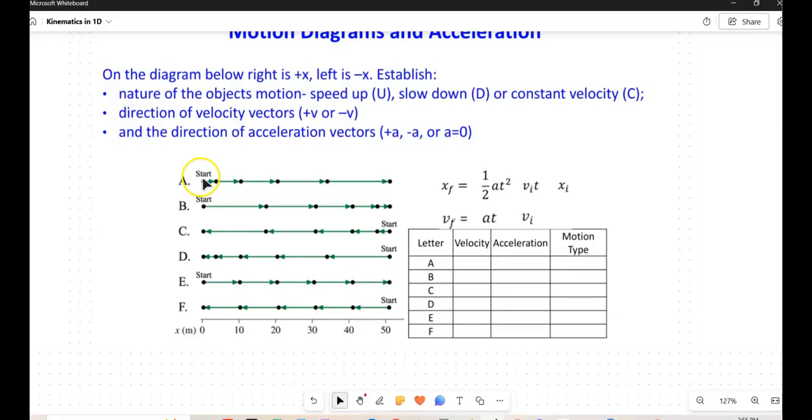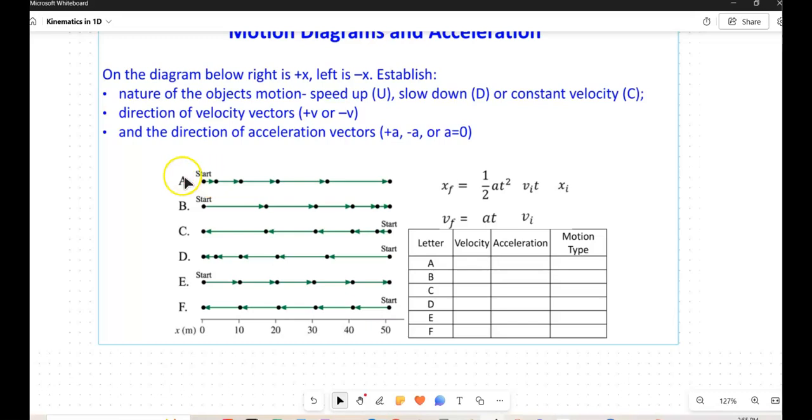Where it says start, the object starts here. This one will be moving to the right. So it starts here at the 0 meter mark and gets to 50. Over here, C looks like it starts at positive 50 and is moving to the left until it reaches the 0 meter mark. So I want you to try this out.